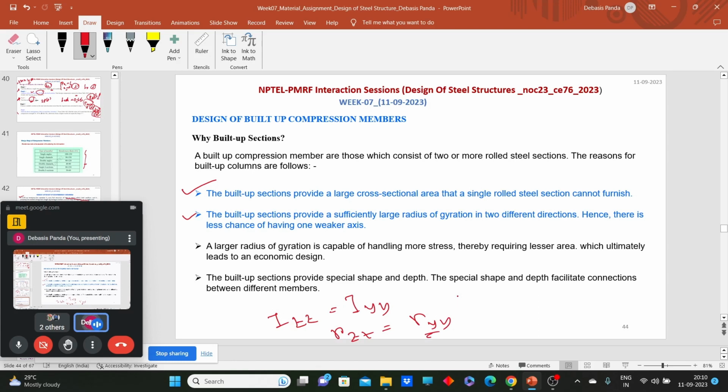That means we can safely transfer much more load. Here, larger radius of gyration, and one more thing, different kinds of shapes can be achieved through this kind of connection, which will be very useful for steel structures. So we now have an idea of what a built-up member is and why we need them: to eliminate the problem regarding radius of gyration and cross-sectional area.